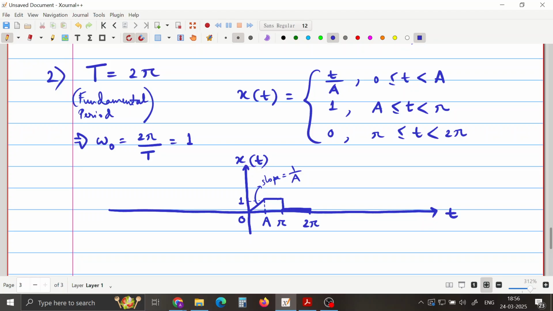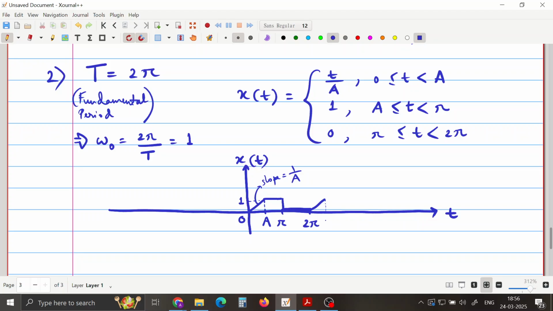And this pattern actually repeats. The same thing will be repeated after every 2 pi interval. From this 2 pi, it will again start to increase with a slope of 1 by A, then reach the value of 1.